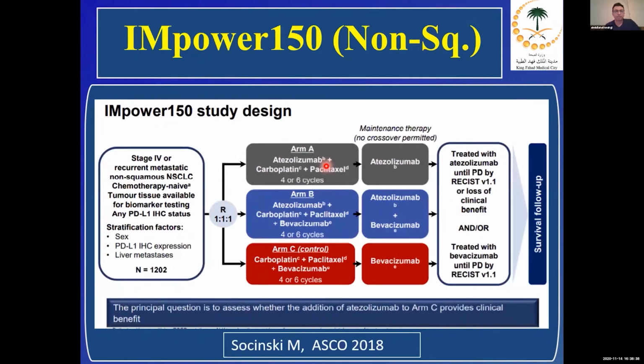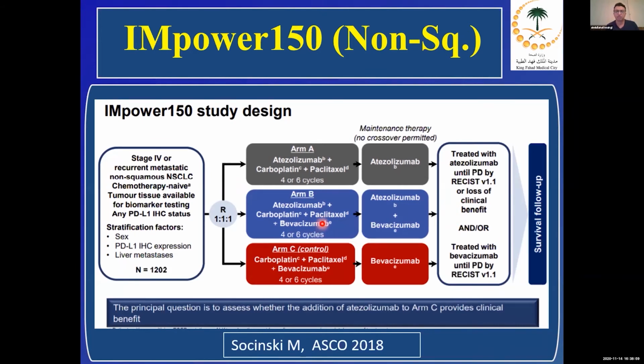IMpower 150 looked at a different checkpoint inhibitor, atezolizumab, with the chemo-immuno, as well as bevacizumab. It's one of those regimens that have been used in some parts of the world, and it is also one of the standards of care when it comes to chemotherapy.